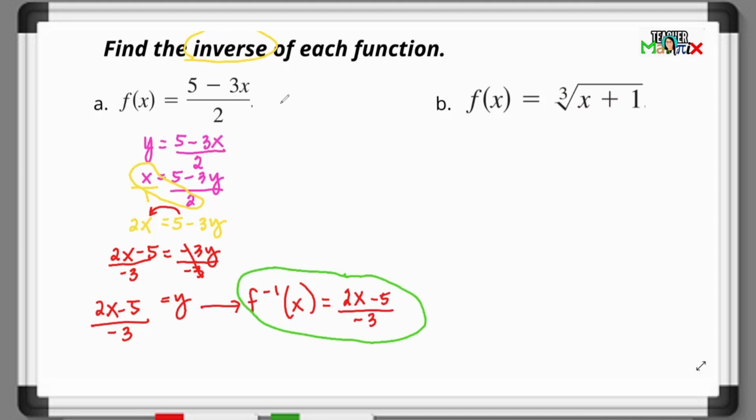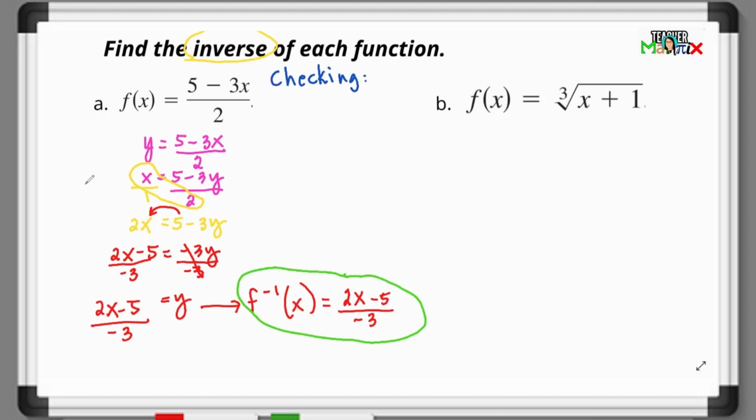Siyempre, paborito ko yung part na mag-checking. Let's do checking. That's the best time. This is the best way on how to know if our answer is correct or not. Okay? This means, i-replace natin ito, i-substitute natin ito kay y later.